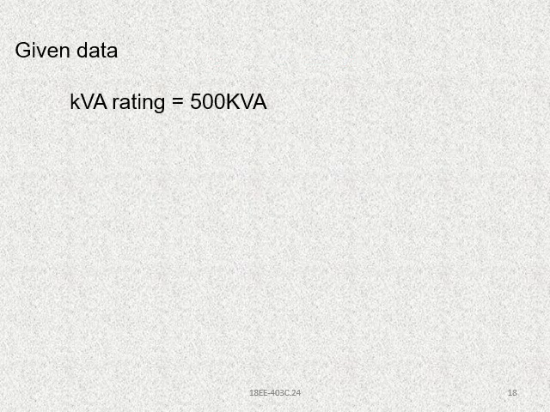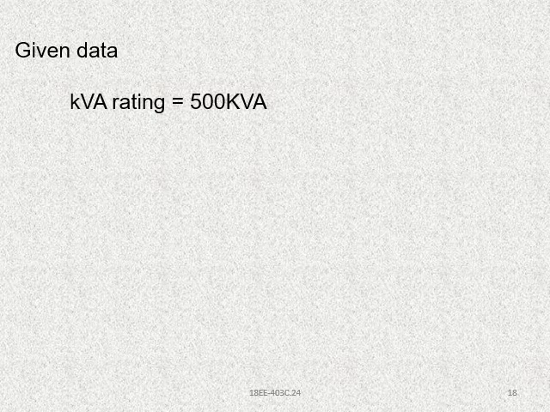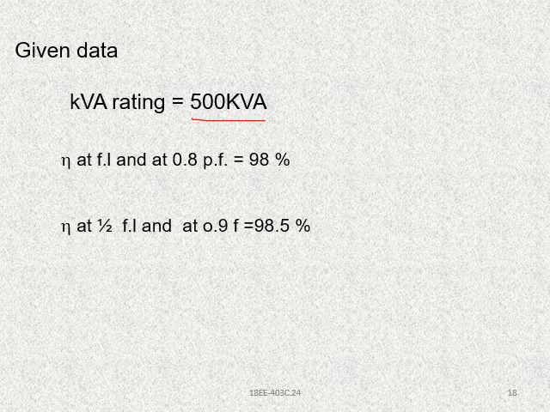Okay. The given data is the kVA rating, 500 kVA. He has given us the efficiency at full load and 0.8 power factor of 98%, and the efficiency at half load at 0.9 power factor, 0.9 PF, with 98.5%.